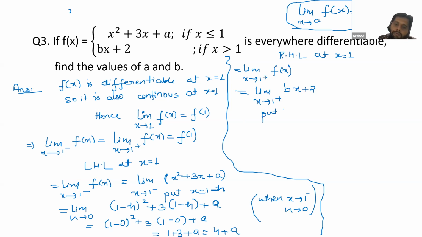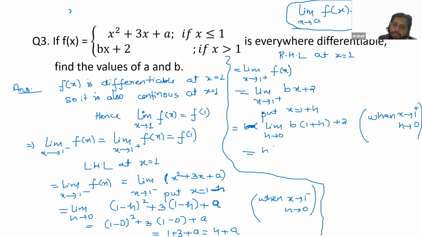Put x equals 1 plus h. So you will get limit h tends to 0 of b into (1 plus h) plus 2. When x approaches 1 plus, b into (1 plus 0) plus 2, so you will get b plus 2.